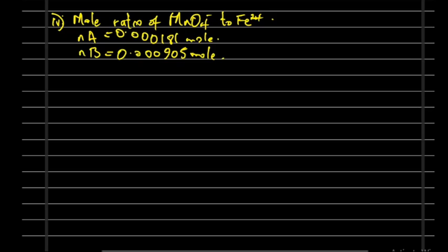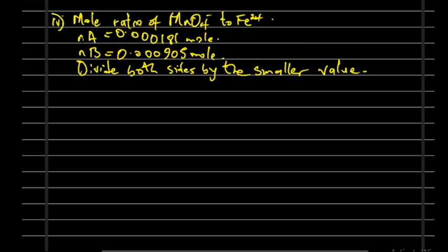If you look at this now, we divide both sides by the smaller value. NA is the smaller value.